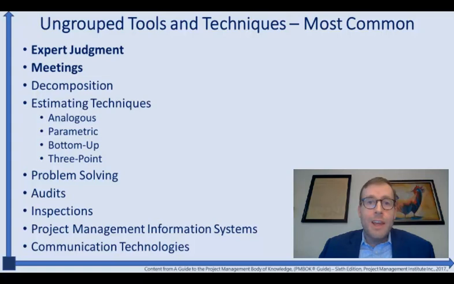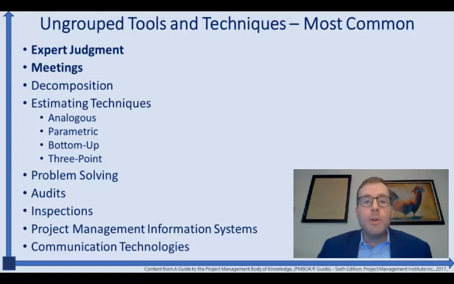As we said, there are an additional 59 tools and techniques that do not align with one of the 6 categories that we just went through. The most common among these ungrouped tools and techniques are what we're seeing right now. Specifically, and we see these two in bold right at the top of the list, expert judgment and meetings. You will see these two listed as tools and techniques across several processes in the PMBOK Guide.